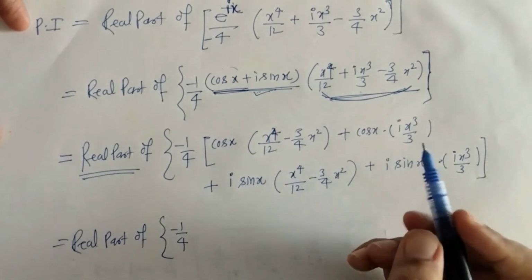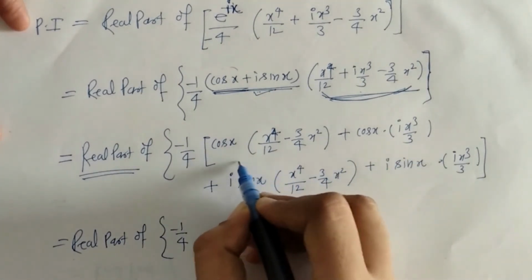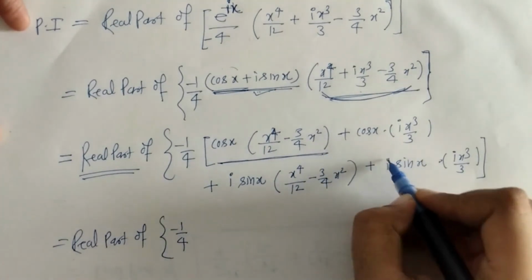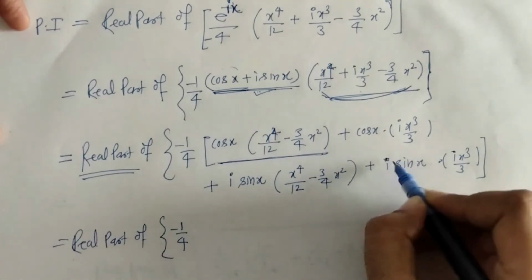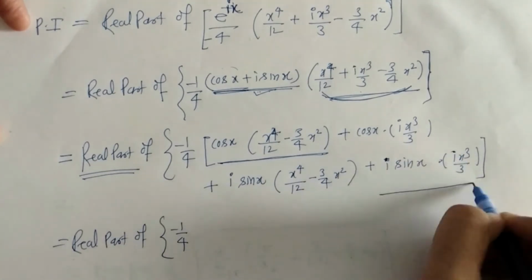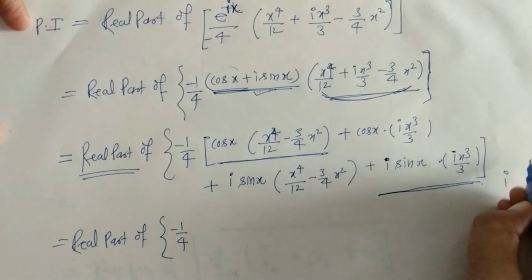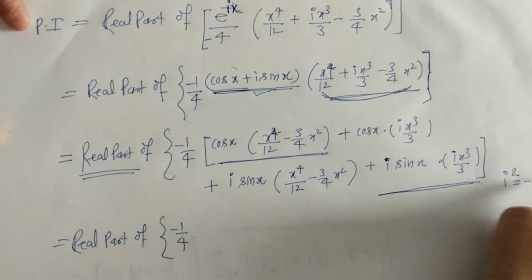Now we need the term which is free from I. Here we can check that this term is free from I, and again when we simplified, this term is free from I, because when we have I into I, that is I square, and this is minus 1.